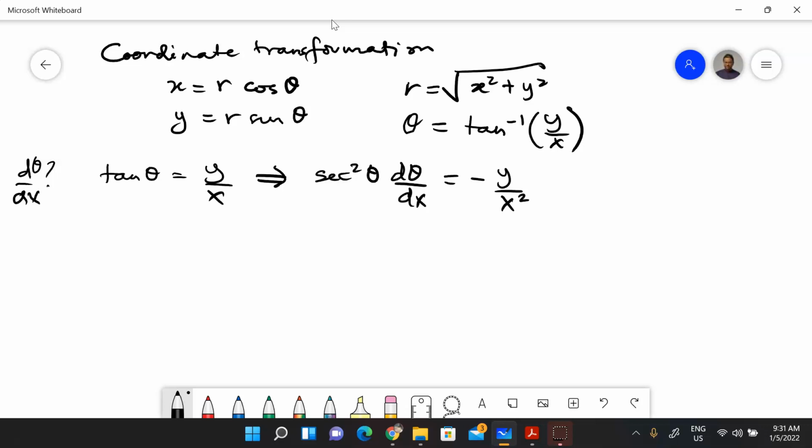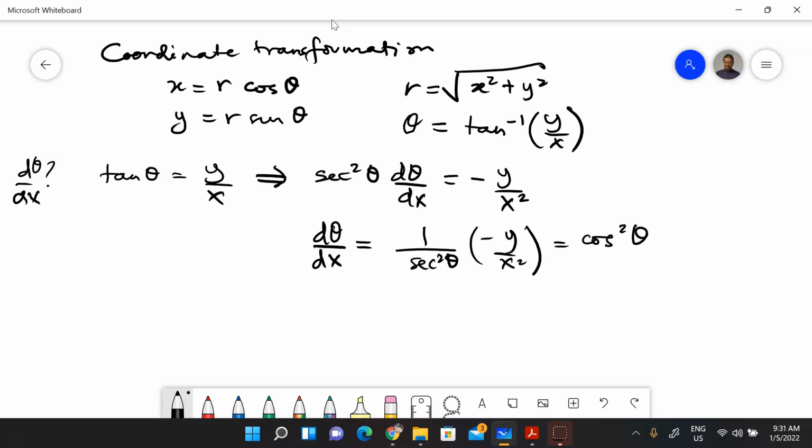and essentially you can now rearrange this to get your d theta dx, and this is 1 on secant squared theta times minus y on x squared. What is secant squared? That is simply cos squared theta.